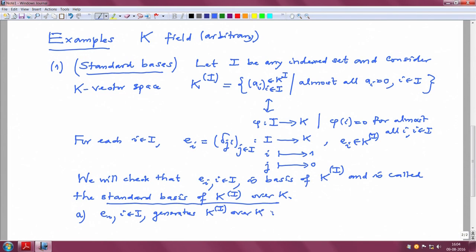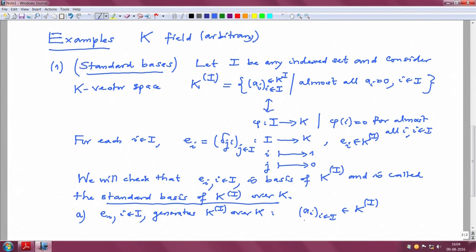This means we should check that elements of arbitrary tuples (a_i), i in I, in k power (I) is a linear combination of these e_i with coefficients in k.